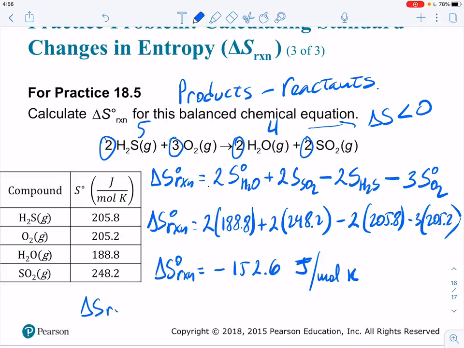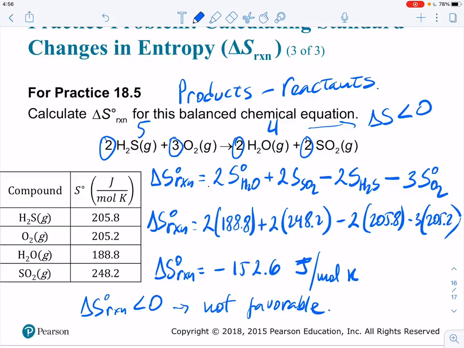If your delta S is negative, then it is not favorable, not favorable from the entropy point of view. This means that this is a reaction that potentially might require some input for it to actually happen.